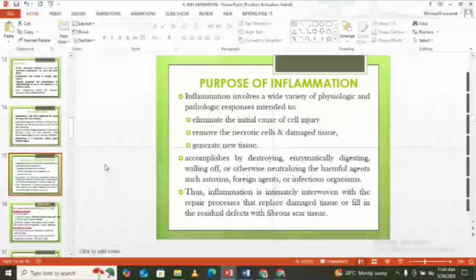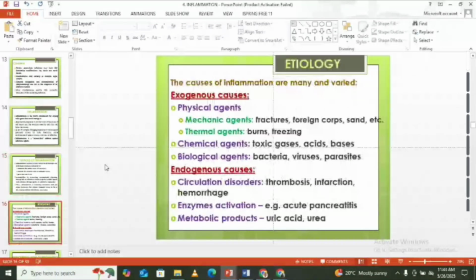I'm sure from your physiology, you've already talked about some of those mechanisms, the phagocytosis and the rest. So usually inflammation is a repair process that replaces damaged tissues and also helps to remove the residual defects of fibrous scar tissue and the various toxins.